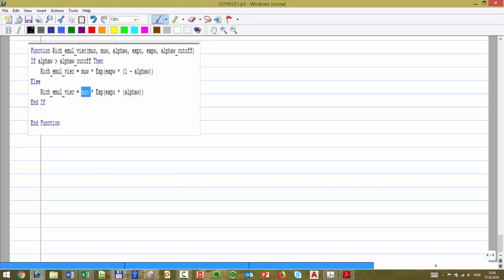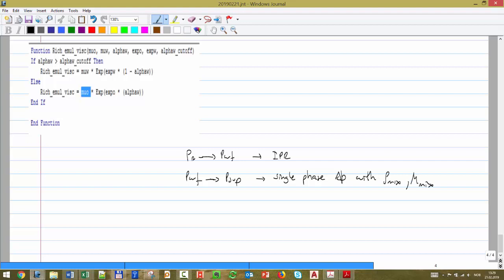So remember, let's make here a summary. We go from PR to PWF with the IPR. We go from PWF to P suction with the single phase equation, but using the density of the mixture and the viscosity of the mixture.